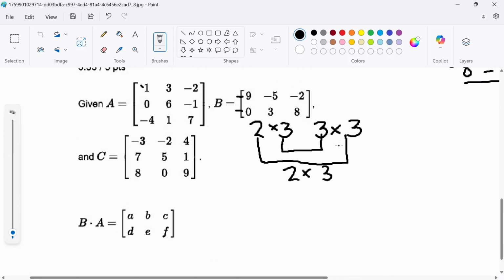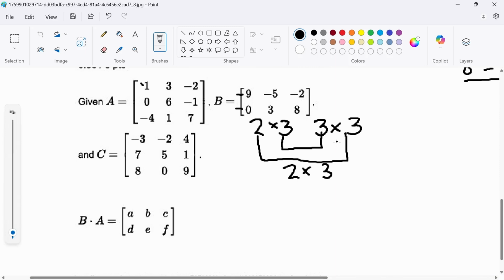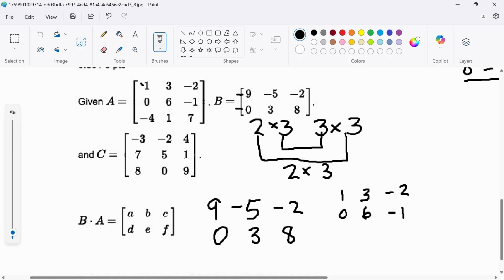And so this says B times A, so it's going to be 9, negative 5, negative 2, 0, 3, 8, times A: 1, 3, negative 2, 0, 6, negative 1, negative 4, 1, 7.